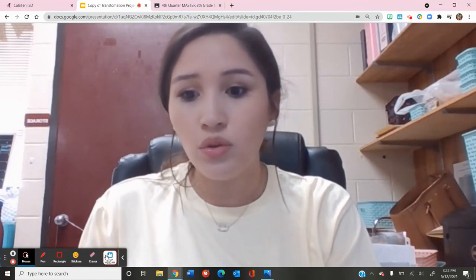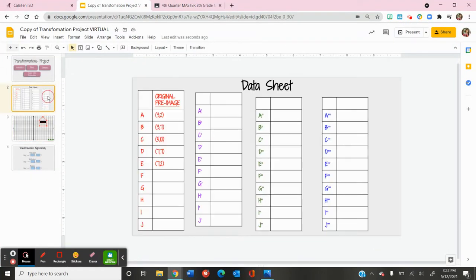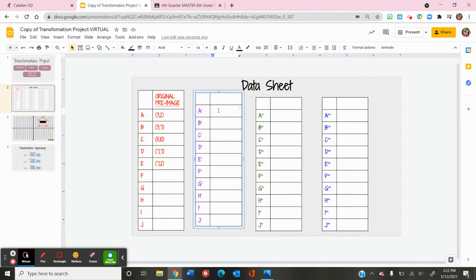So I'm going to switch over to our data sheet, and we're going to be swapping our X and Y values. So here, 2, 3.